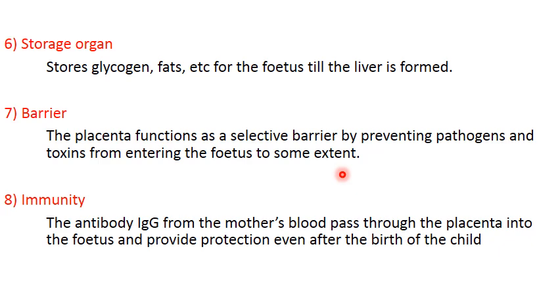But then this drug had an effect on the fetus, so there were some babies that were born with fused hands or fused fingers, or shortened hands or shortened legs, abbreviated limbs, etc. So that is why the placenta acts as a selective barrier only to some extent.